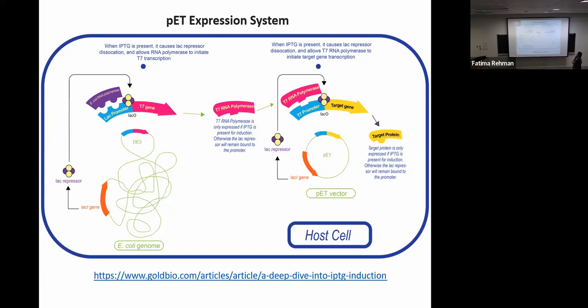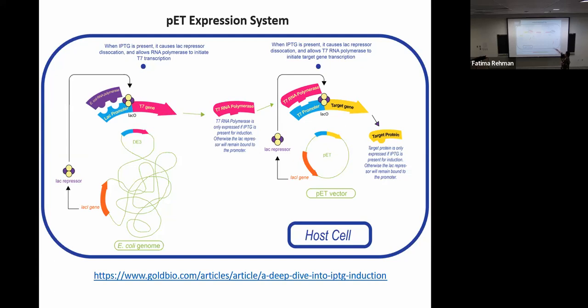And typically we have it under control of this IPTG, which is, again, an artificial way to activate it, but it's going to give you that blue-white cloning. When you see the blue-white cloning, that's how we are doing it, through control with the lac promoter. We could do it under promoters from different genomes as well.